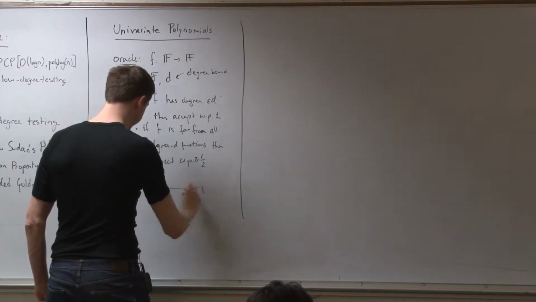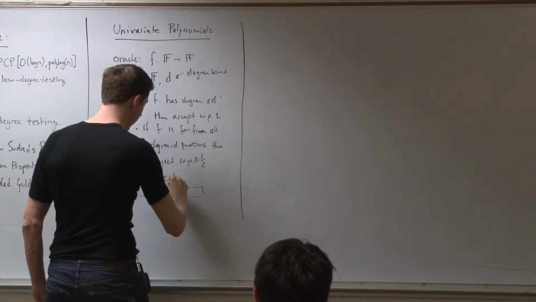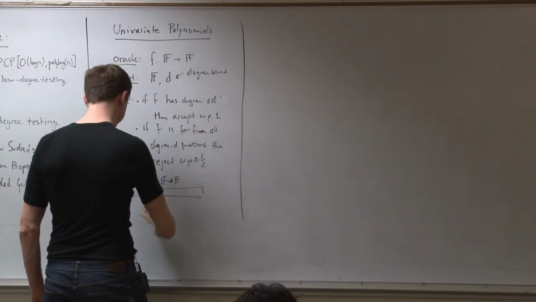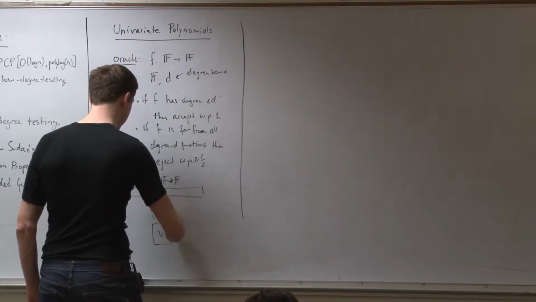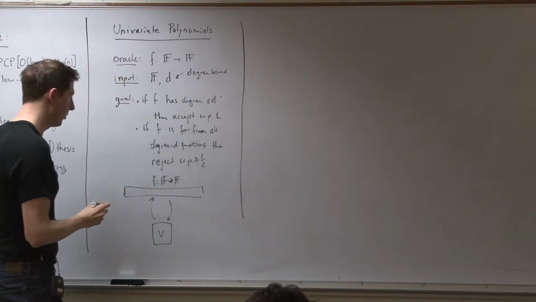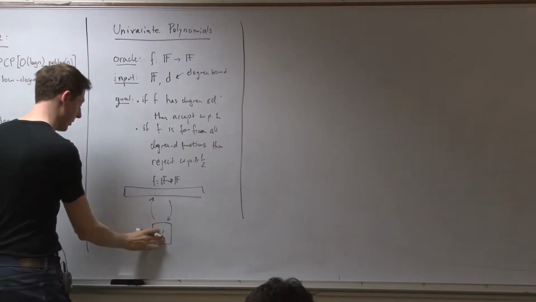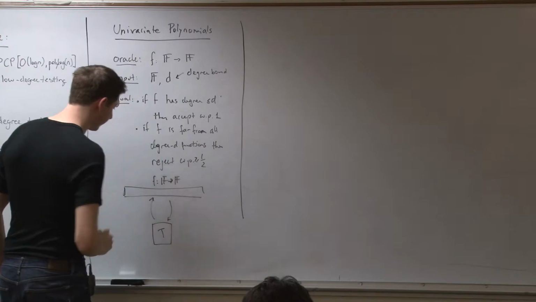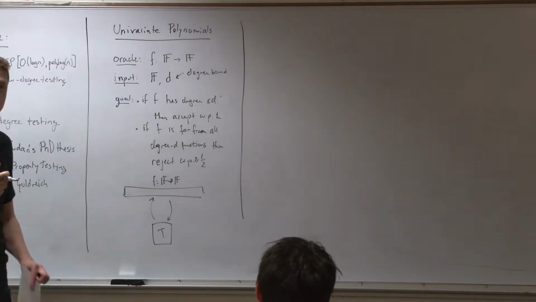Okay, so here we are. I'm a tester. Here's the function. I need to query it and decide what to do. What should I do? What's a natural test? I should say T for test. So what did we do in linearity testing?